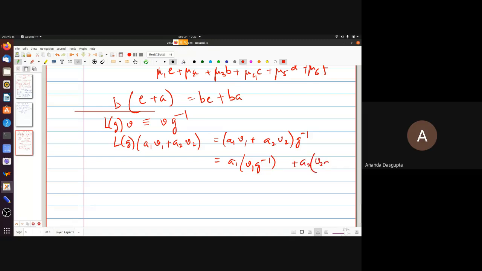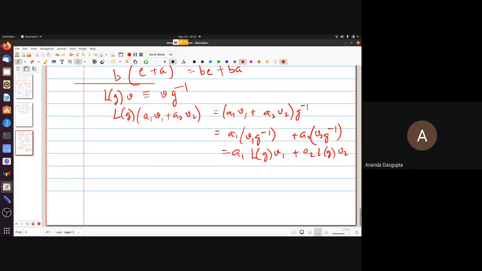This has to be A1 V1 G inverse plus A2 V2 G inverse. So that's A1 LG V1 plus A2 LG V2. So these are sort of trivialities. The question could be, of course, why V G inverse? Why not GV? Why not something else? Or why not VG?